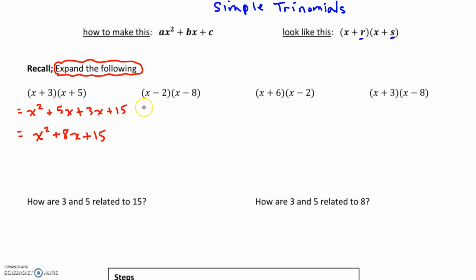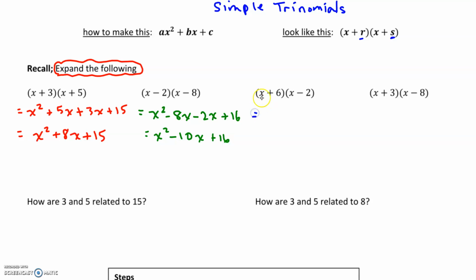Okay, and we'll go through and do the same for the next one. x times x is x squared, x times negative 8 is negative 8x, negative 2 times x is negative 2x, and negative 2 times negative 8 is a positive 16. Then we end up with x squared minus 10x plus 16.